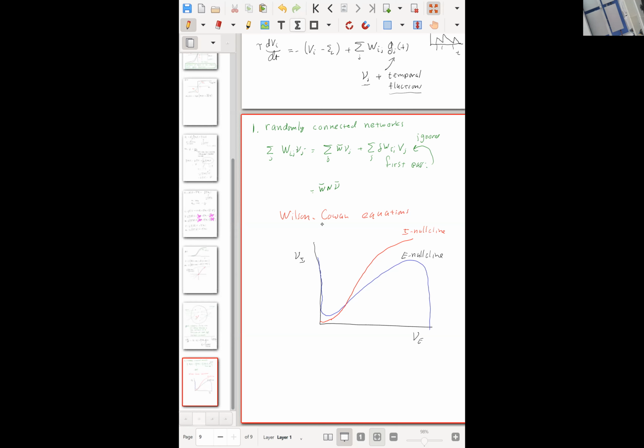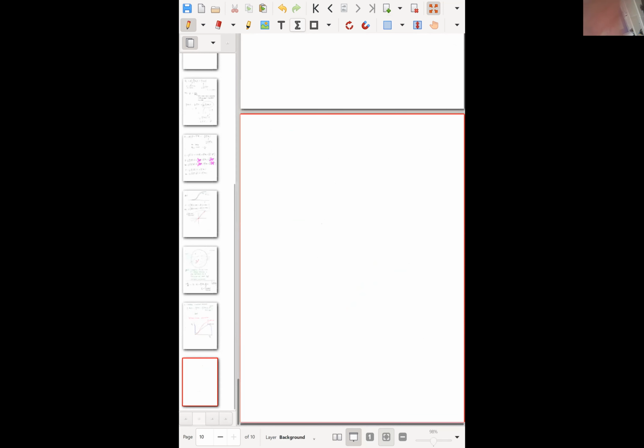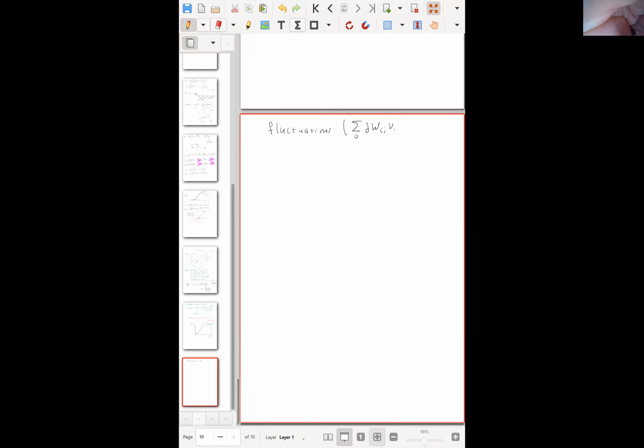The most important observation, which I mentioned earlier, is that fluctuations, the sum on j of delta Wij nu j, don't have much effect.